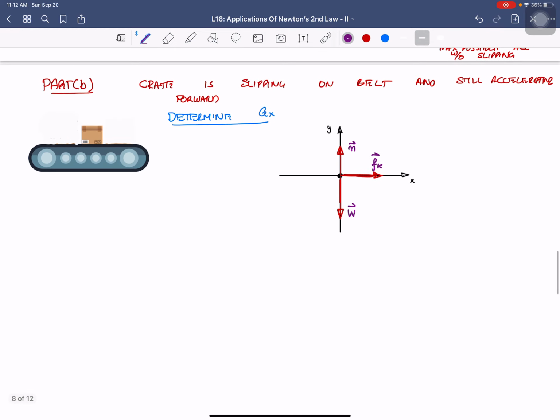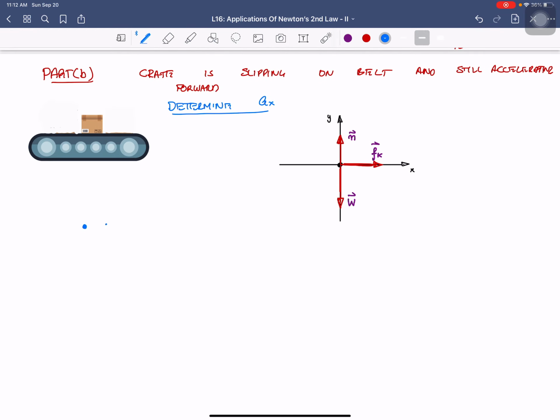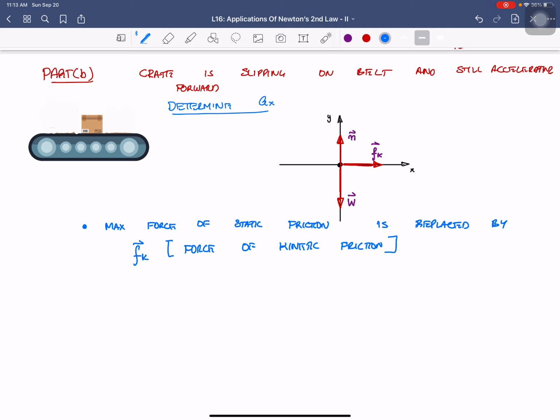So the bottom line, comparing it with the previous part of the problem, is that the maximum force of static friction is replaced by F sub k, which is the force of kinetic friction, and the direction is still the same.